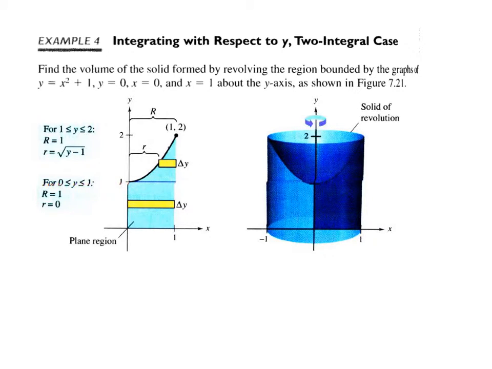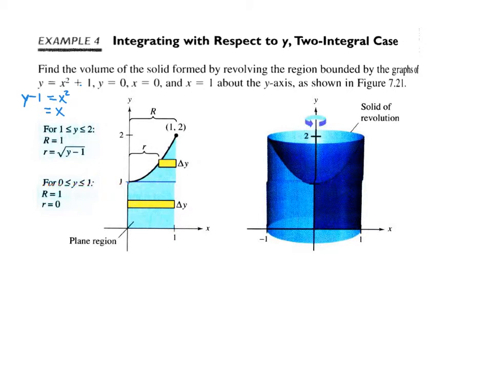Now, if we were revolving it around the x-axis, we could just deal with one big thing and it would kind of look like this. All right? But in this case, since we're revolving around the y-axis, we need to rewrite this in terms of y. So y minus 1 equals x squared.